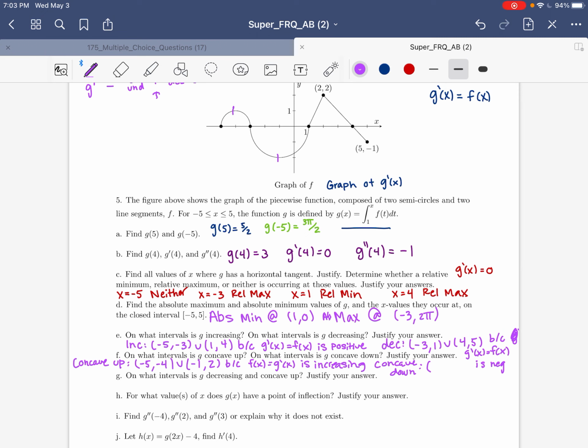Concave down is where G prime is decreasing, so that's going to be from negative 4 to negative 1. And then it starts to decrease again from 2 to 5, because G prime equals f is decreasing.